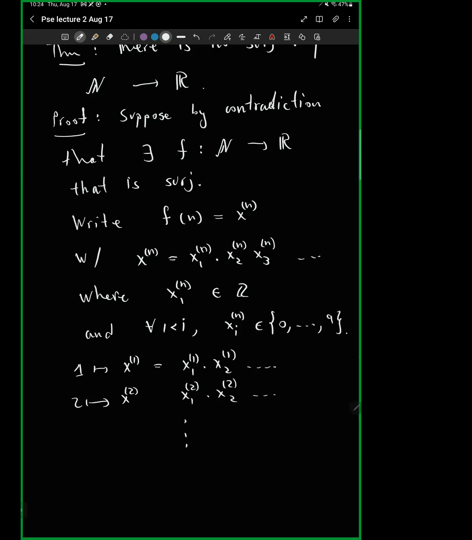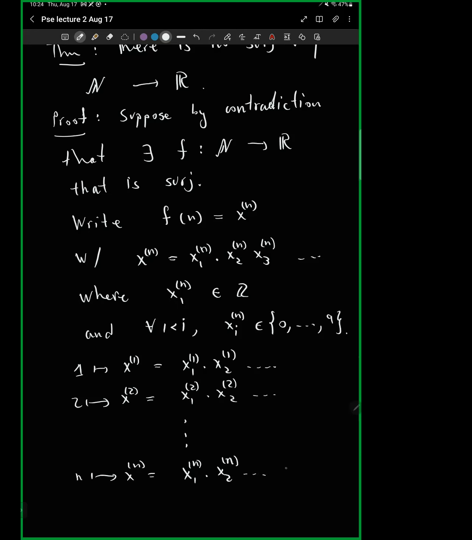Then on the nth element, I have x_n, which is x_n1 dot x_n2, and here it goes on.